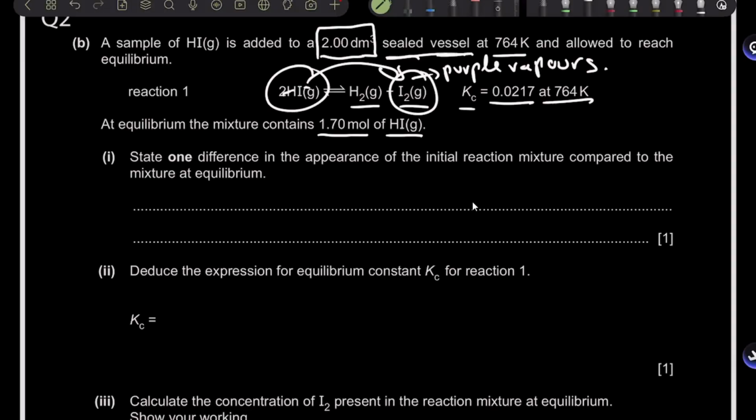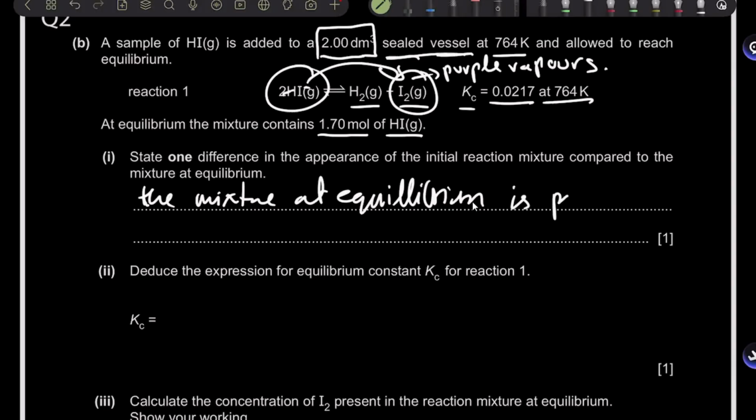So state one difference in the appearance of the initial reaction mixture compared to the mixture at equilibrium. So we'll say the mixture at equilibrium is purplish, or we can say that it is darker in color.